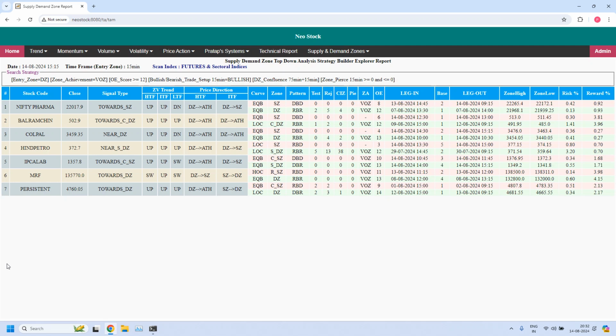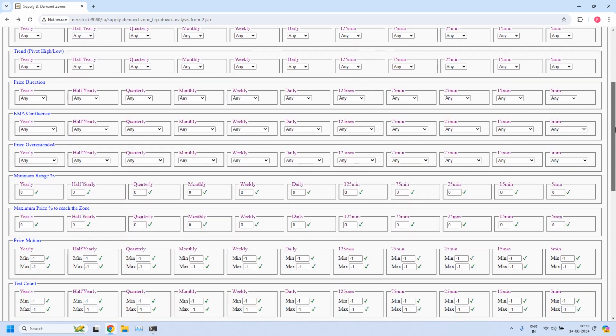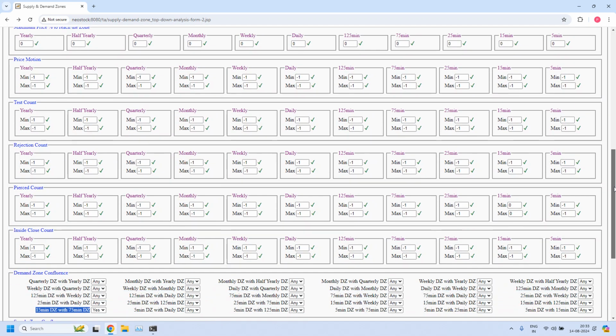All the 7 stocks are having confluence with 75 minutes time frame demand zone. Now out of these 7, how many are having confluence with HTF time frame as well, LTF, ITF and HTF confluence? So let's add 2 more filters. Already one we added earlier, so this is already enabled. Next, 15 minutes demand zone with daily demand zone enabled.